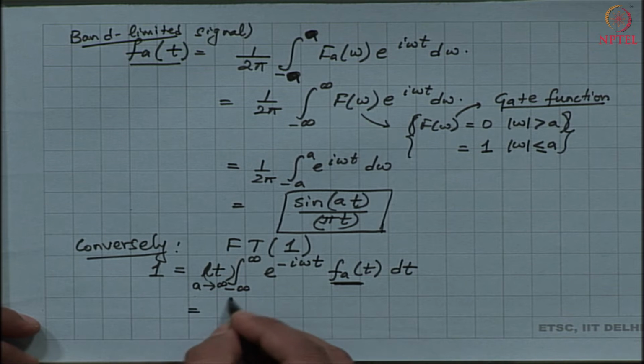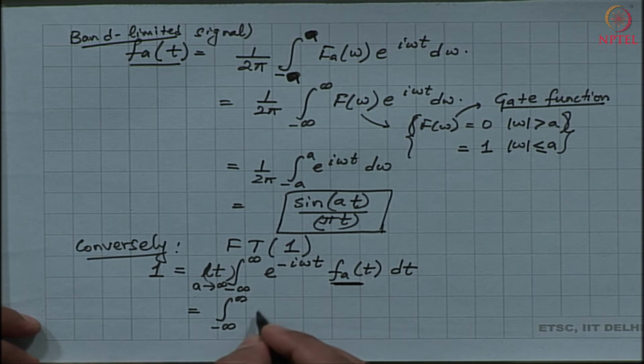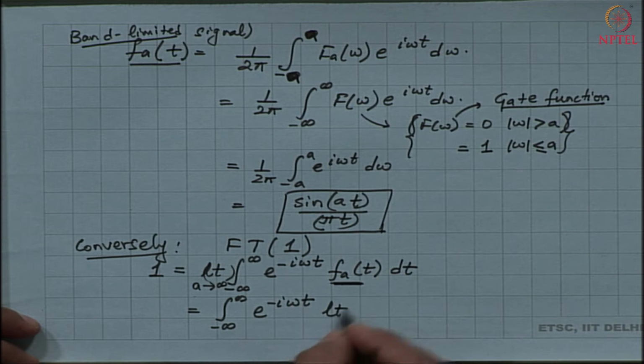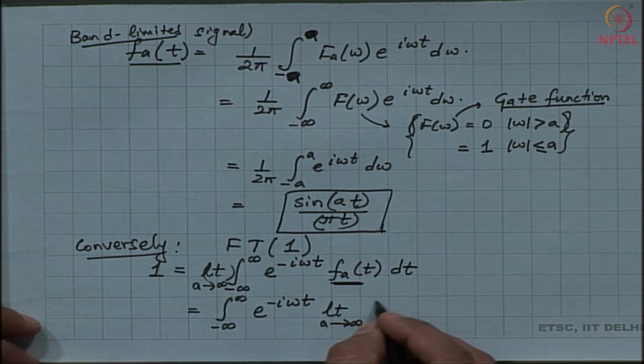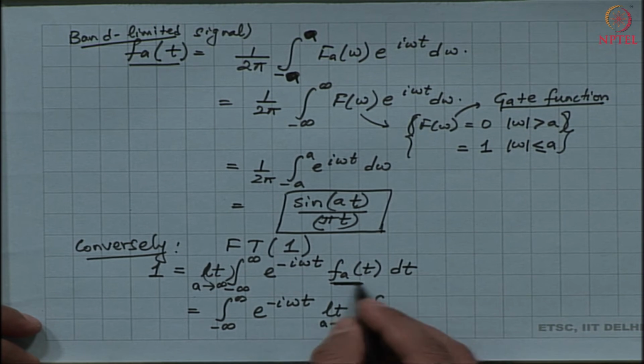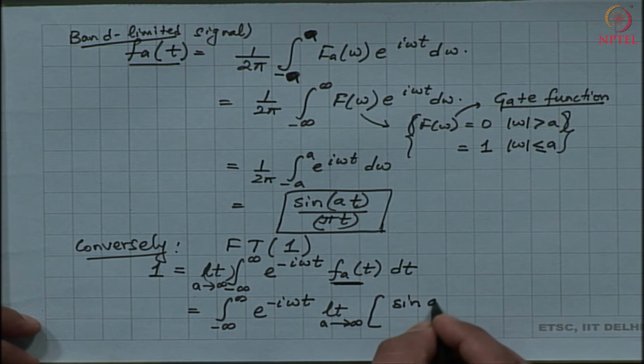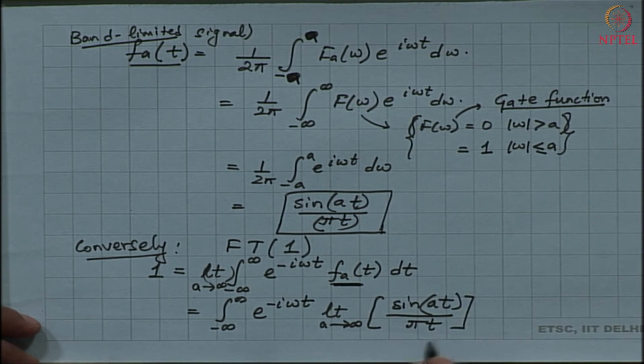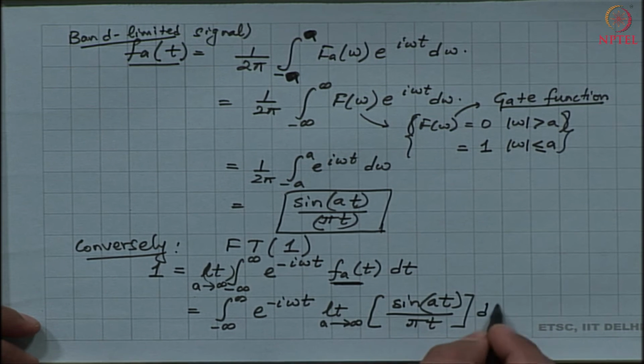This is equal to the integral from minus infinity to infinity of e to the power negative I omega t, and I take the limit inside, limit a going to infinity. That can be done for continuously differentiable functions. So, this becomes, I replace my f a of t by sin a t by pi t, and then this is dt.